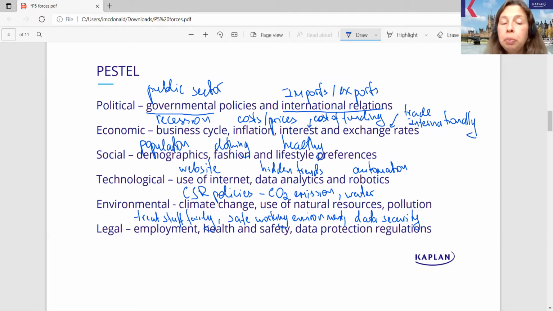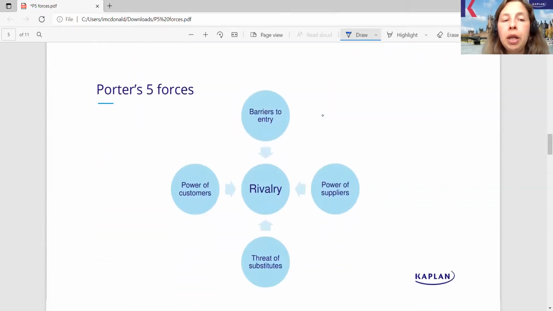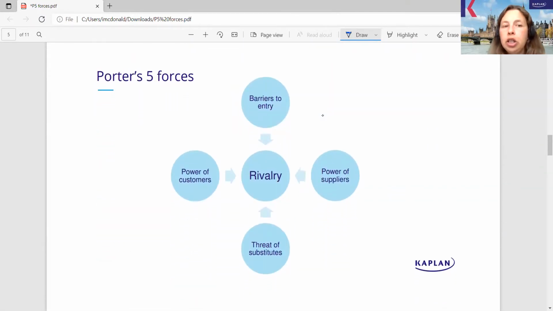So that brings together our understanding of macro environmental factors using the PESTLE framework. But let's take it a step further and also consider competitive factors. And here we're going to meet a theorist called Porter and his idea of 5 forces.